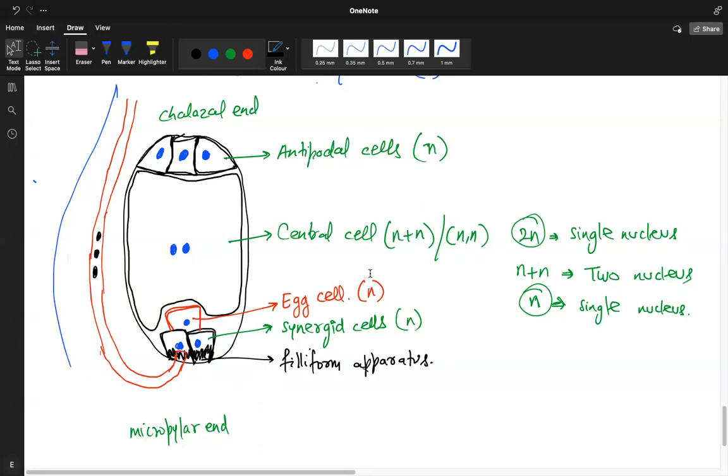But how does it enter? It does not have to enter by force only. The pollen tube is not a very fragile structure, but when it reaches the filiform apparatus, which has actually evolved to help this mechanism, it holds on to it, because these are finger-like projections which are loose and thick. Then they pull it, and the pollen tube also pushes, and it enters into the synergid cells.